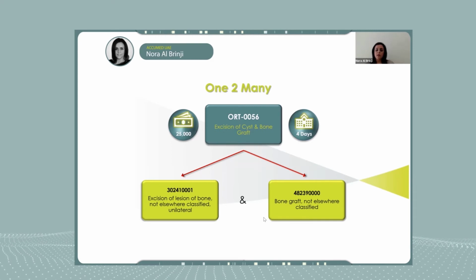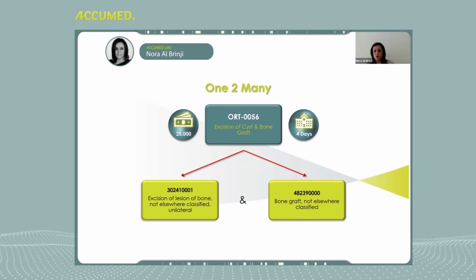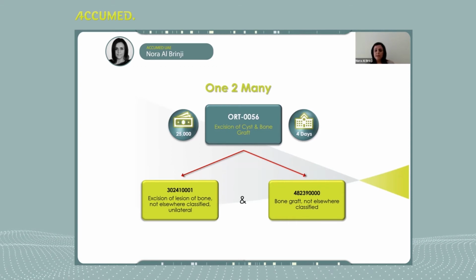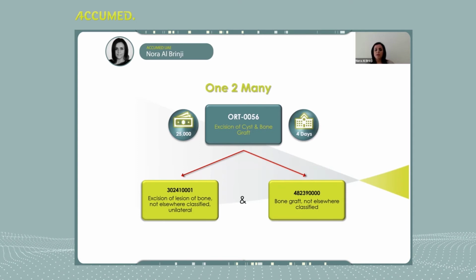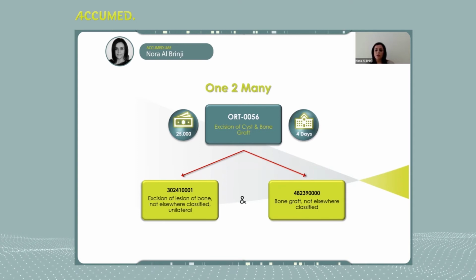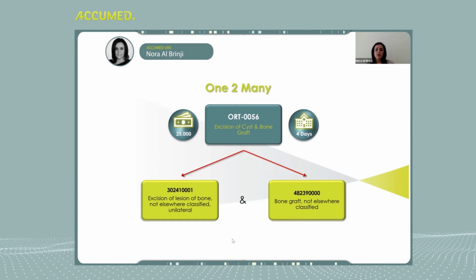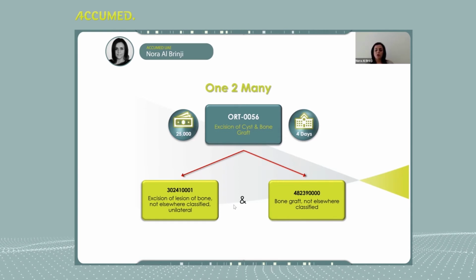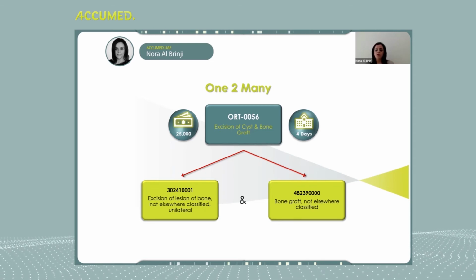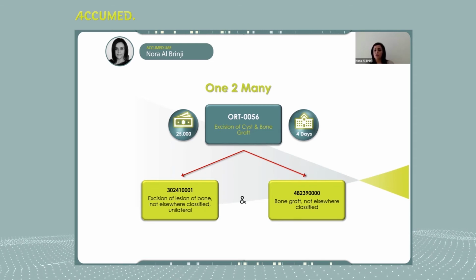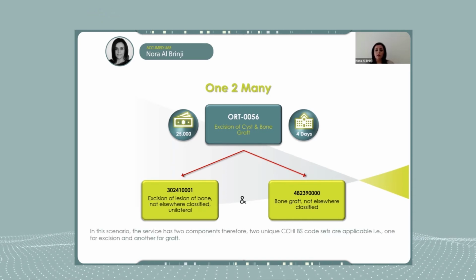Now, the provider needs to identify the cost of each procedure, the complexity of each procedure, and needs to reprice these services based on the new coding that he is following. So instead of having these two services under 25,000 riyals, we might have the bone graft at 15,000 and the excision of lesion at 10,000.